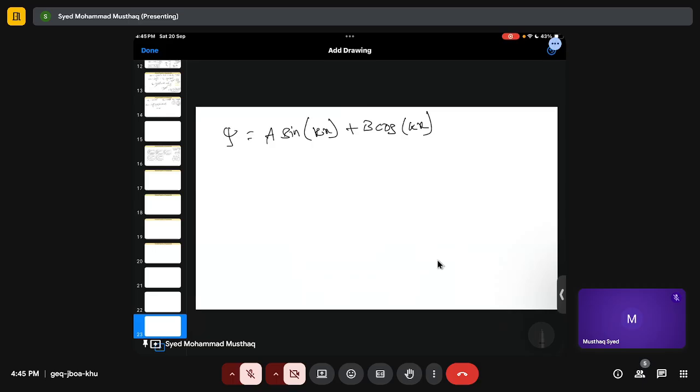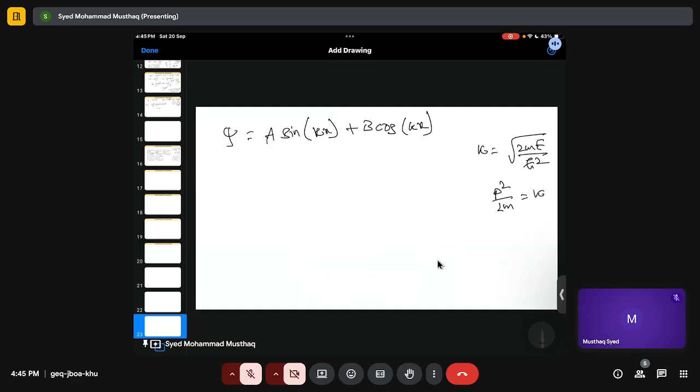Now what is my k here? k is equal to the root of 2mE upon h cut square. Now we know p square by 2m, what is that? Hope everyone knows.